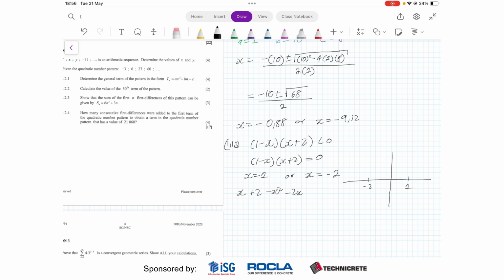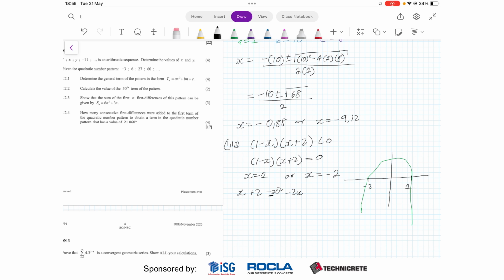Since our coefficient of a is negative, the graph will look something like this. Excuse my poor drawing, I'm very bad at drawing. So our graph will look something like that.